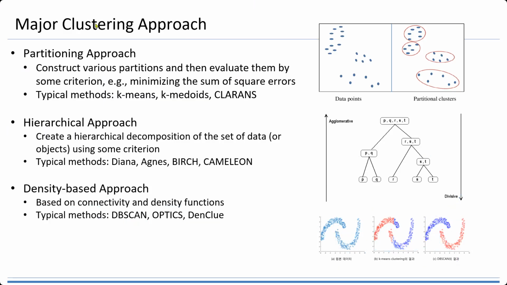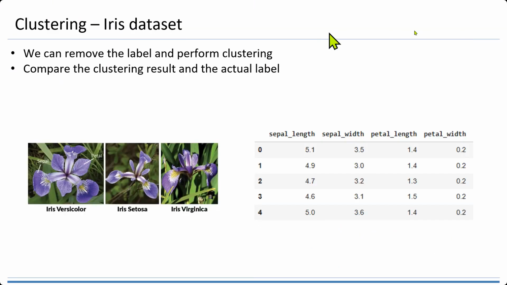So let's just focus on the partitioning. At the end, maybe I will give you one example about the hierarchical. Now let's try to do the clustering with the example that we usually use, which is the IRIS dataset. We know that the IRIS dataset is for supervised learning.